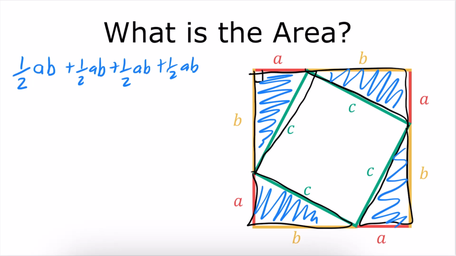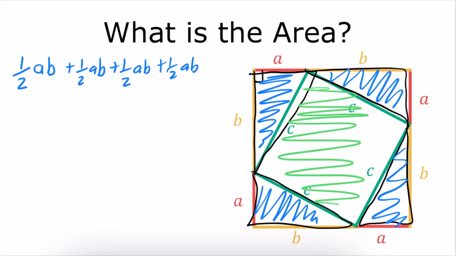And then the area of this big center square, because the side lengths are C, the area of that would be C squared. I could simplify this because if I have half of A times B plus another half of A times B plus another half of A times B plus another half of A times B, this could be simplified to just be 2 times AB, because a half plus a half is a whole, and then plus another half is 1.5, plus another half would be 2.